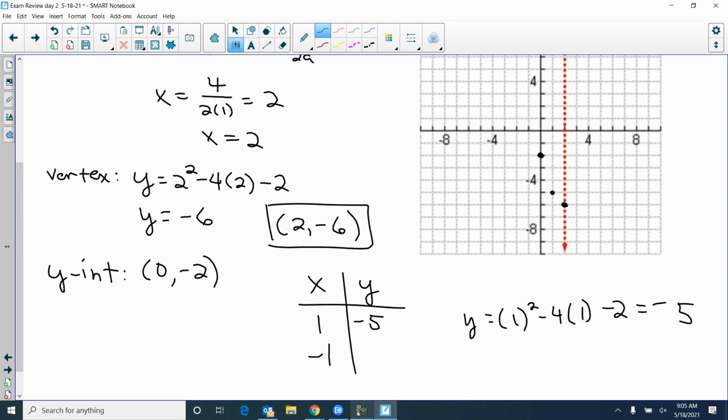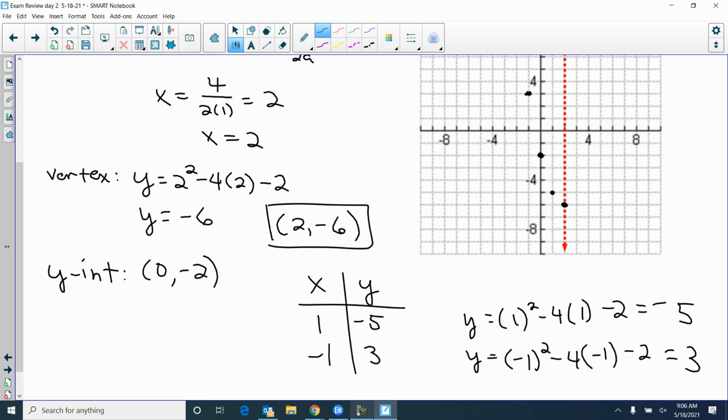Now we gotta plug in -1 as well. Colin? He says 3. Let's double check it. Y equals, and you gotta put in -1 in parentheses here. And let's see here, that's 1 plus 4 is 5, minus 2. Yes, it looks like 3. And so you got that point (-1, 3). Remember, anything on the left-hand side, that means there's a point on the right-hand side.